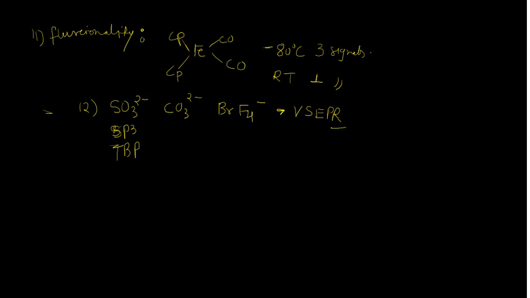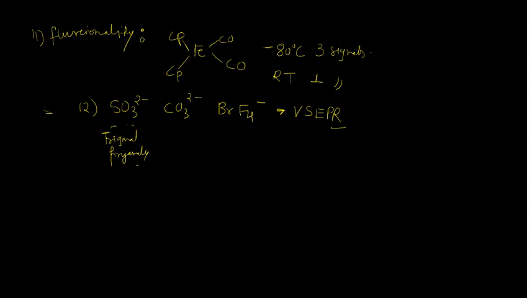Carbonate ion is trigonal planar, because it is sp2 hybridized. Earlier, the sulfite was sp3 hybridized, and this last one is simply your square planar structure. So again you can see this question is a very easy question.